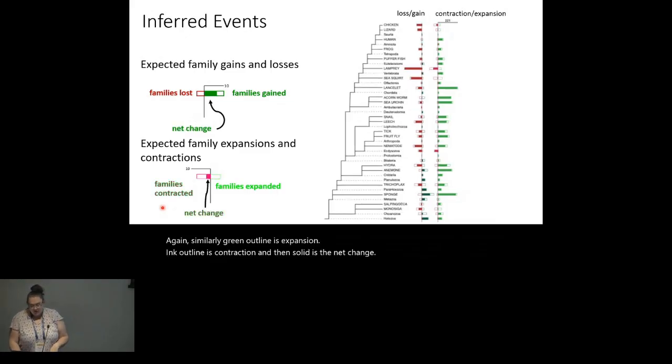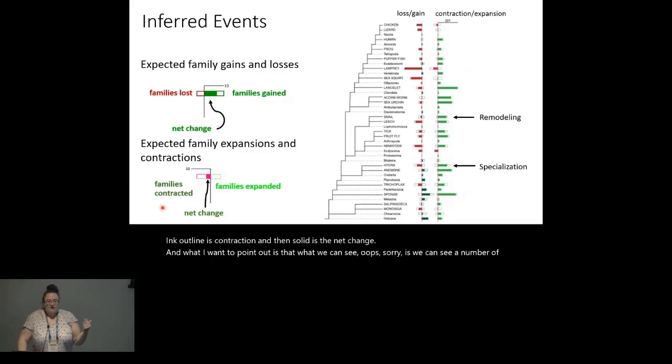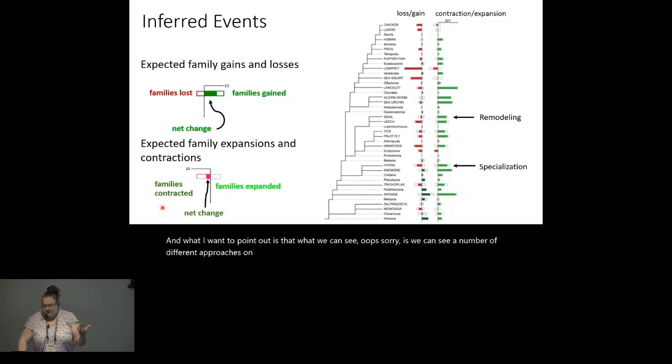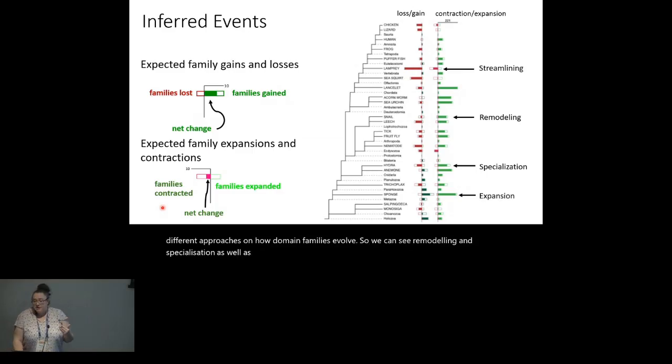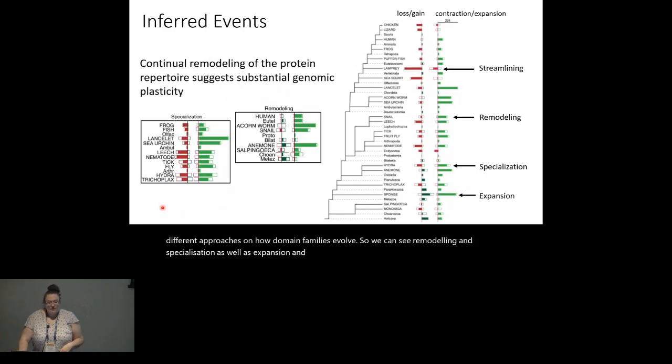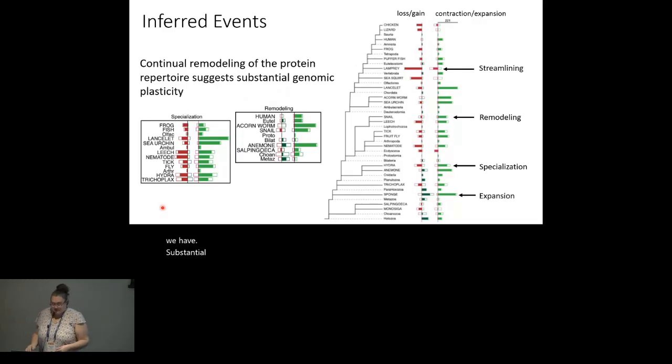What I want to point out is that we can see a number of different approaches on how domain families evolve. So we can see remodeling and specialization, as well as expansion and streamlining. If we group these together, what we see is a continual remodeling of the protein repertoire that suggests that we have substantial genomic plasticity.